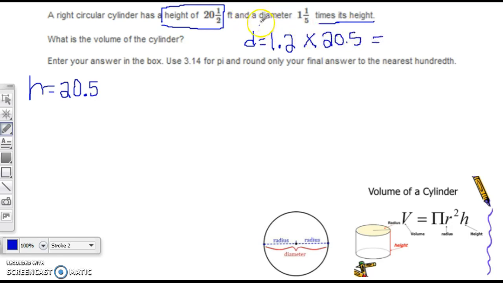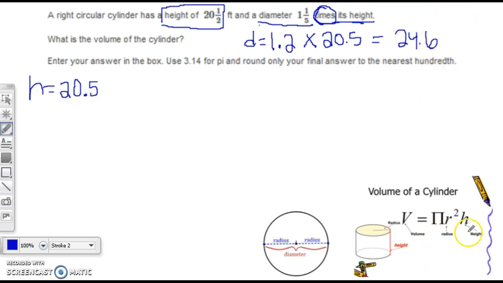So you following me so far? It says that the diameter is 1.2 times its height. So we're going to multiply that by the height to get the diameter. I can't even talk today. Jeez Louise. So when I multiply those together, the diameter is 24.6 units long.